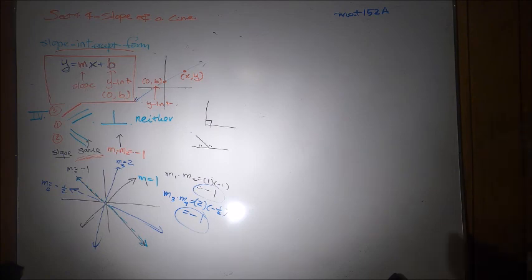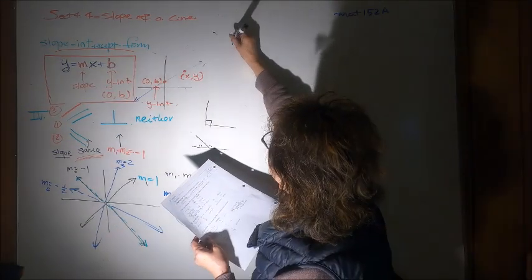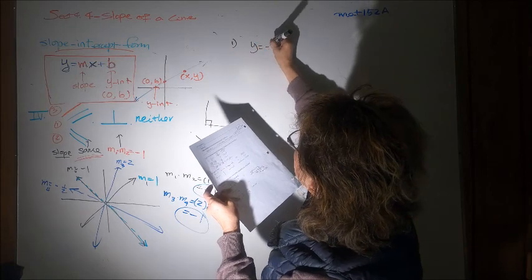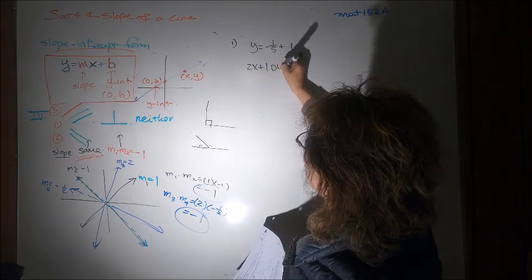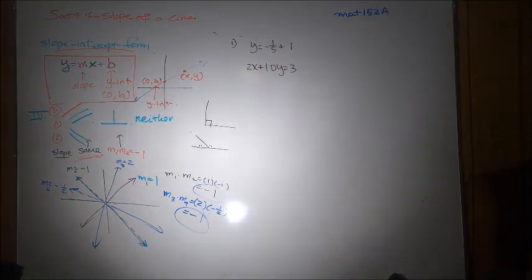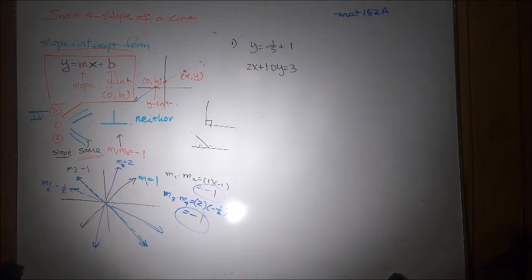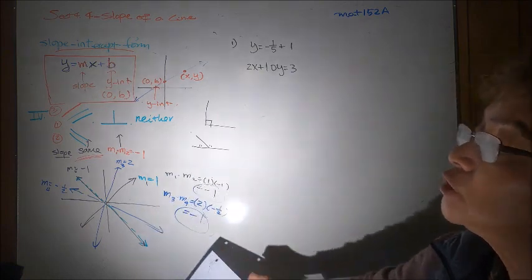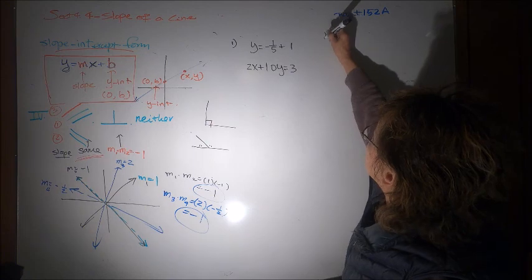So, let's see some examples to decide how two lines work together. If you have the first one, y equals -1/5 x plus 1, and 2x plus 10y equals 3. So, what do you think? You have to decide by what? The slope of the lines for both of them. So you have to decide what's the slope of this one.